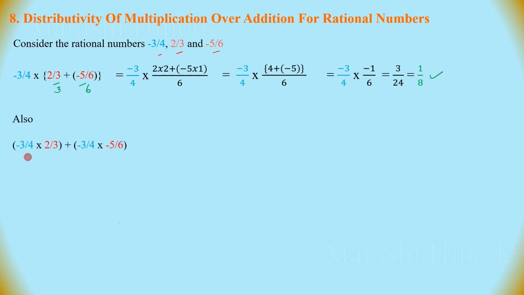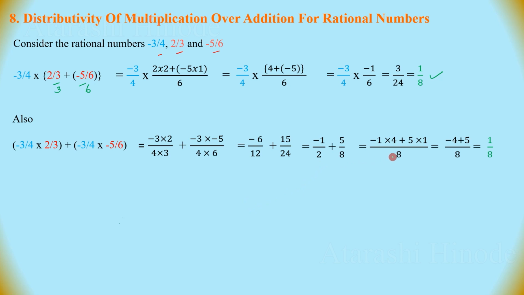Here, when we do this product, that is minus 3 divided by 4 into 2 divided by 3, it will be product of numerators, that is minus 3 into 2, divided by 4 into 3, that is product of denominators. Here also the answer is 1 by 8.